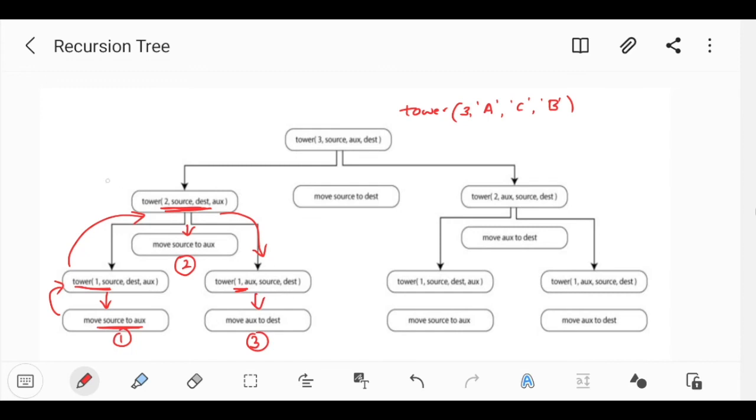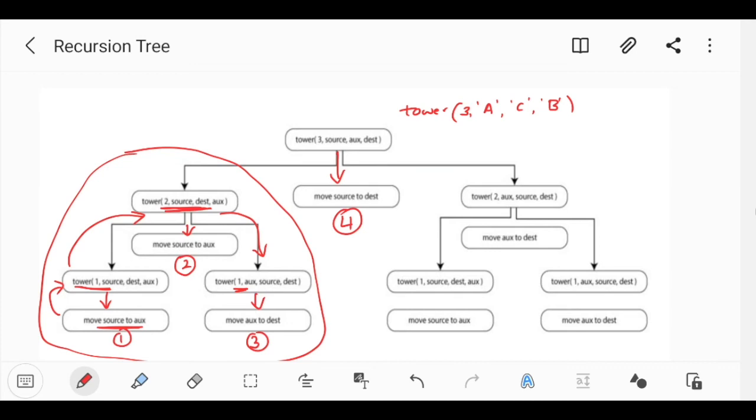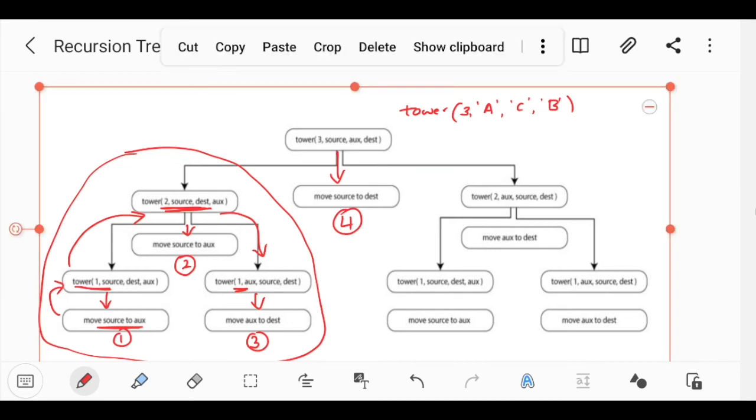So as you can see, after the 3 printf statements, the entire problem of shifting 2 disks from the source to the auxiliary is done, yeah. So we have that bigger third disk to be moved from the source to the destination, and this would be my fourth printf statement on the screen.